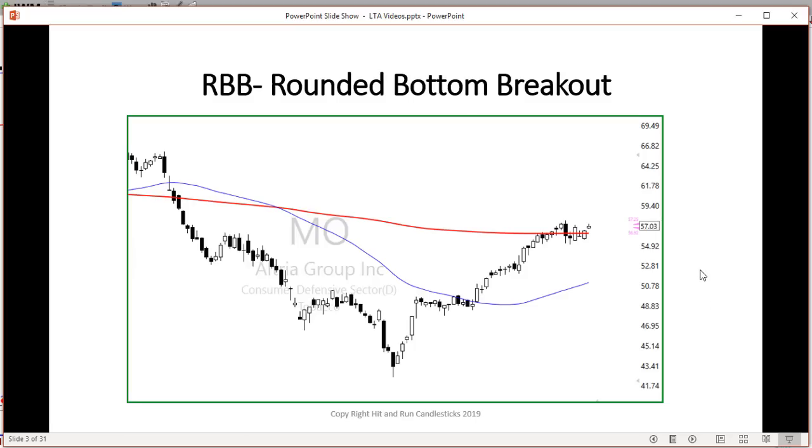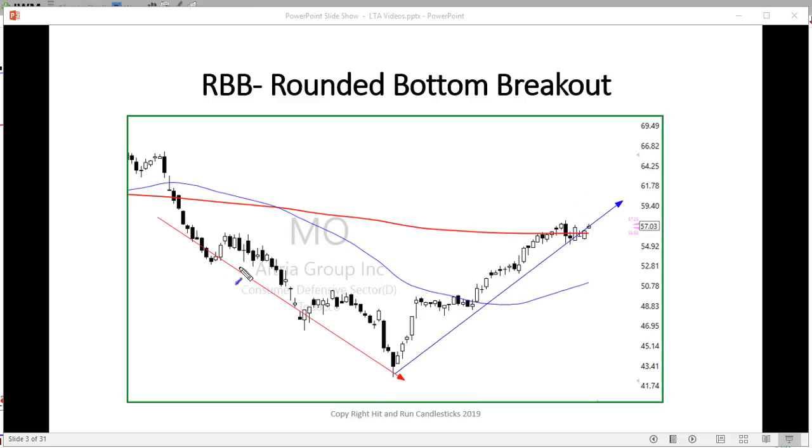Okay, I want to give you a picture of what a good rounded bottom breakout looks like. Here's MO, and you can see here really quick what we're doing. In a nutshell, we're looking for a downtrend with price, and then we're looking for price to change and start moving up.